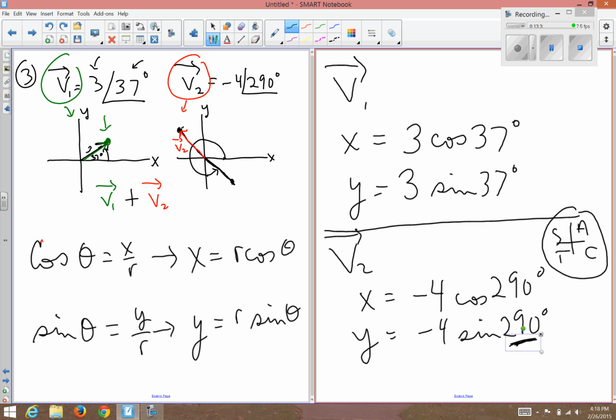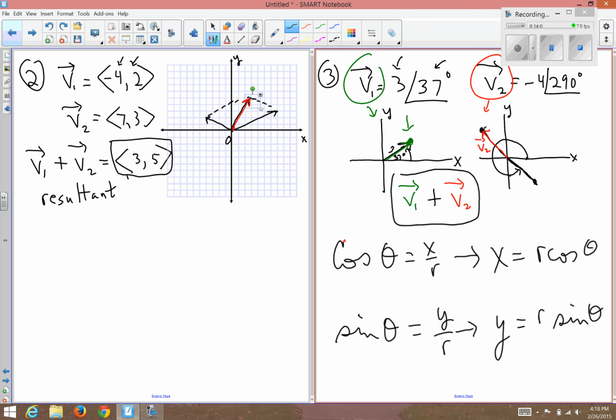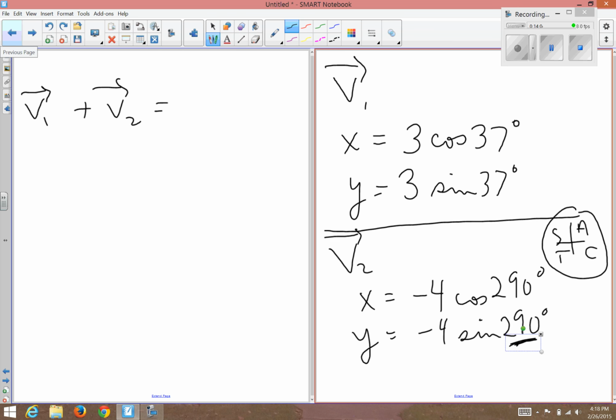So to find vector 1 plus vector 2, which was the question, I'm just going to say vector 1 plus vector 2, just like in the previous example. We're going to add the x's, which are, I don't remember where they went. Here they are. So we'll keep this here. Add this x and this x.